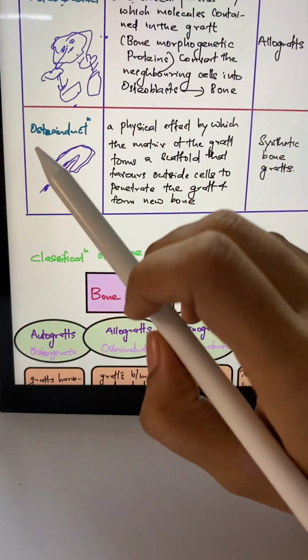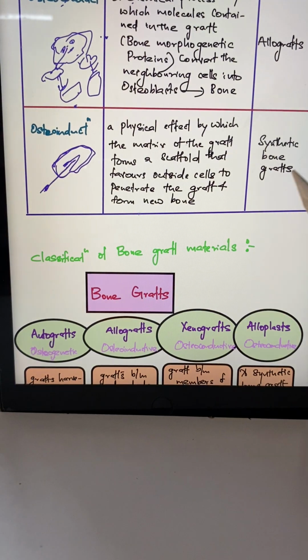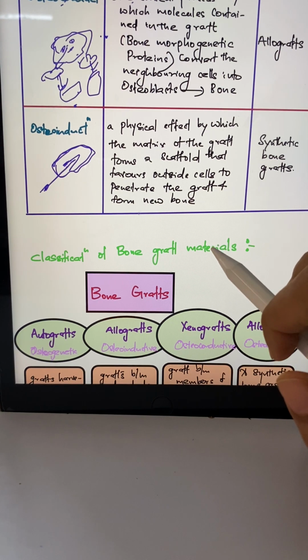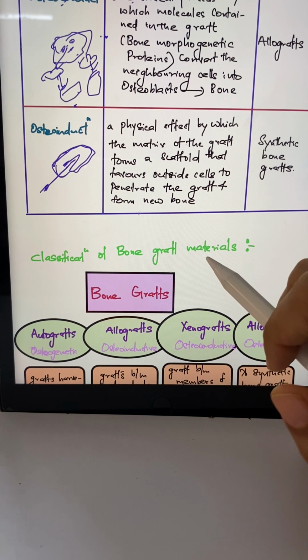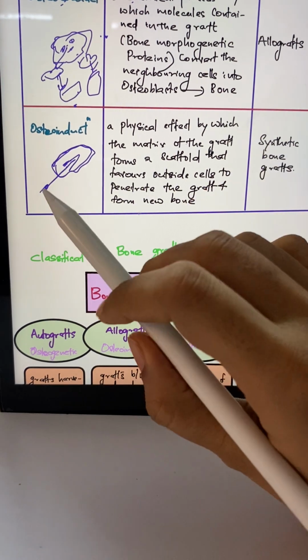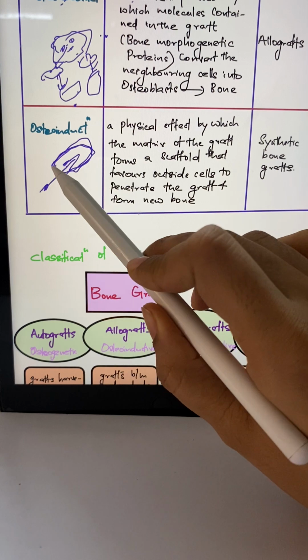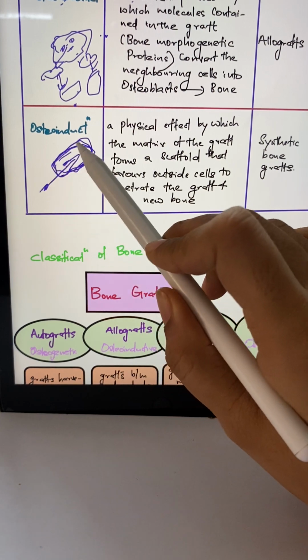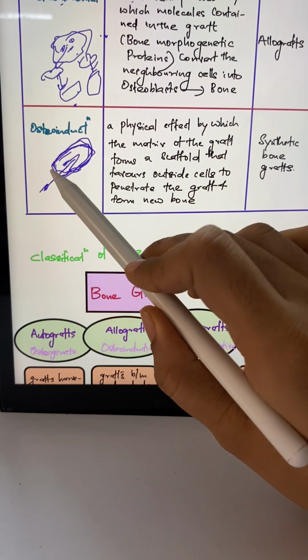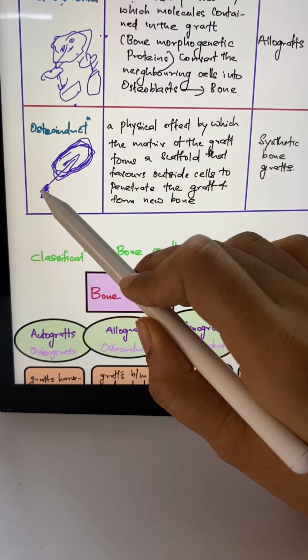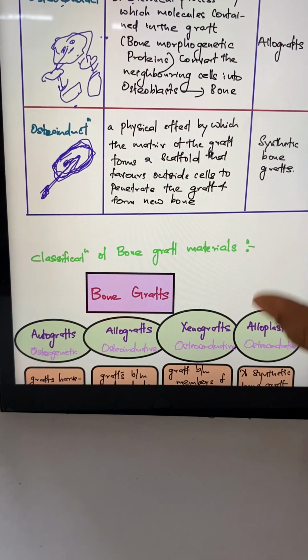And next is the osteoconduction process. This can be seen in synthetic bone grafts like alloplast and xenograft also. Xenograft means we take the graft from animals to humans. And osteoconduction is a physical effect by which, if this is a graft, the matrix of the graft forms a scaffold or a bed, and this favors the outside cells to penetrate into the graft and form the new bone.